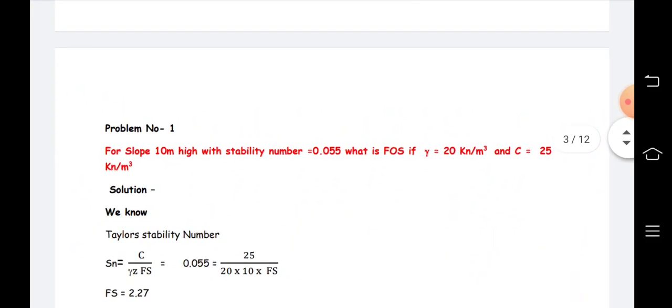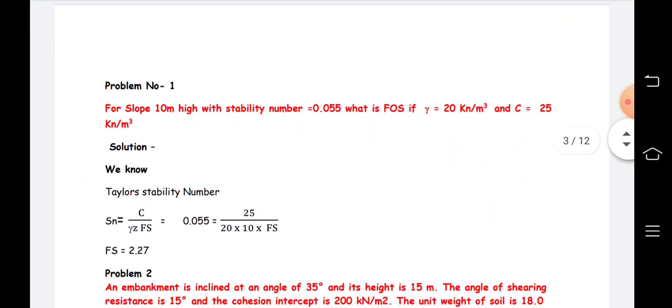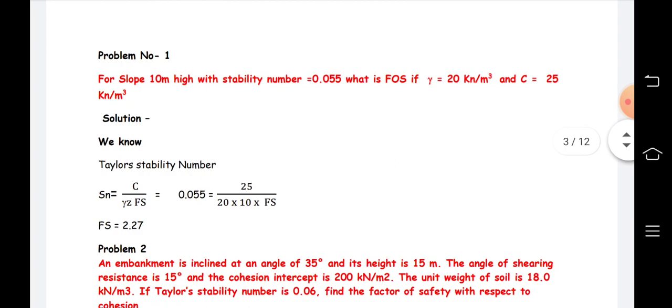Now we are going to solve the problem. This is problem number one. For a slope 10 meter in height with a stability number 0.055, what is its factor of safety if gamma is 20 kilonewton per meter cube and C is 25 kilonewton per meter cube?